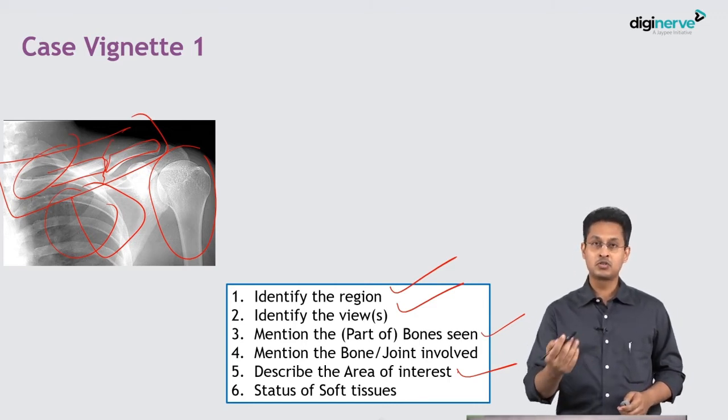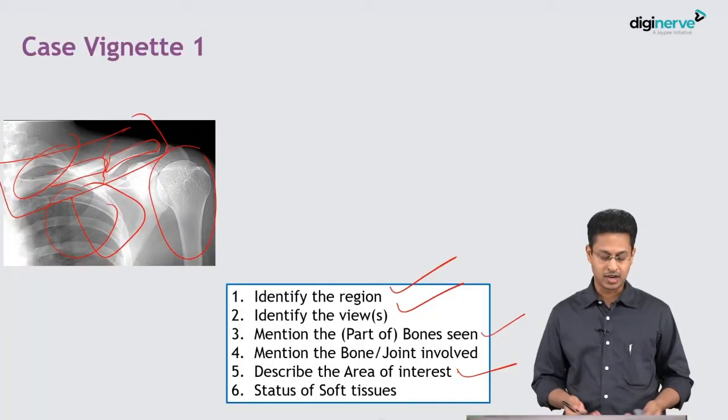If required, you can further impress your examiner by describing the type of fracture. You have different types of fractures: it could be a transverse fracture, a comminuted fracture, a spiral fracture, or a segmental fracture. You can use these technical terms to improve your answers.